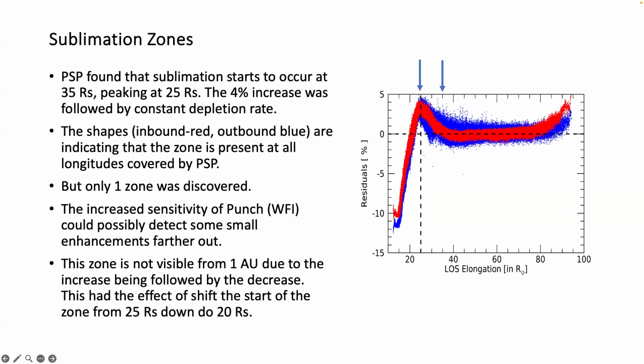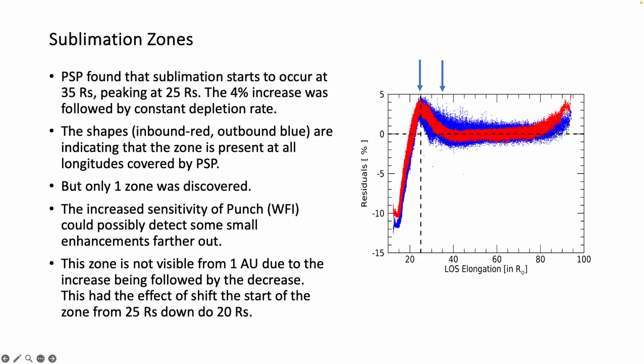People have been looking for it. It had been predicted in 1929 that there was a dust-free region around the sun, that people have been searching for using IR and visible measurements. We never saw it. We couldn't see it. It would have been predicted to be at about 5 to 6 solar radii.